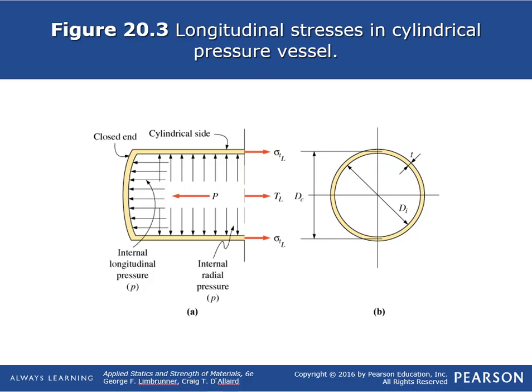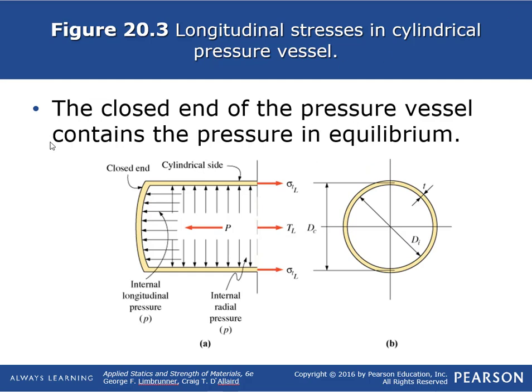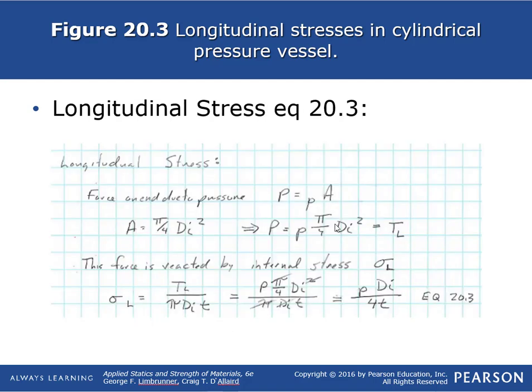If we were to look at that, the closed end of the pressure vessel contains pressure and equilibrium. If we were to derive the longitudinal stress, we would say that the force on the end due to pressure is P equals pressure times the area.